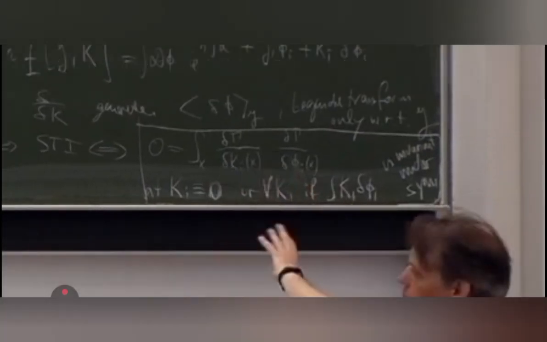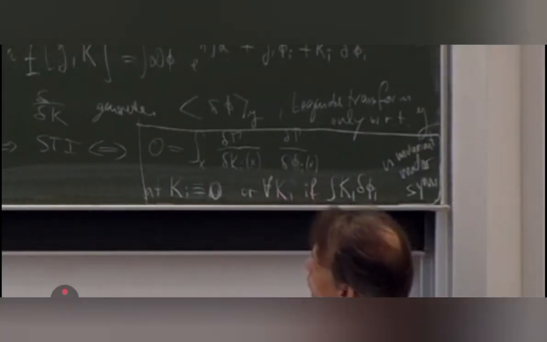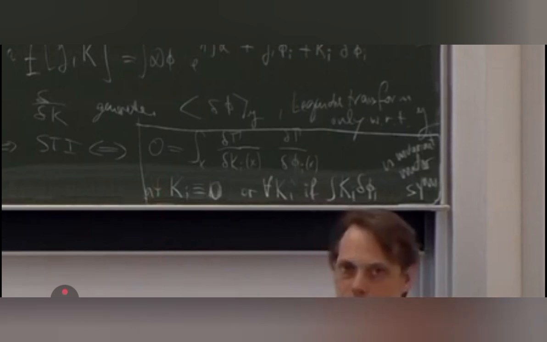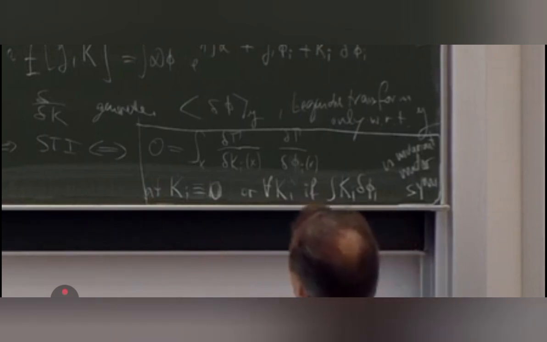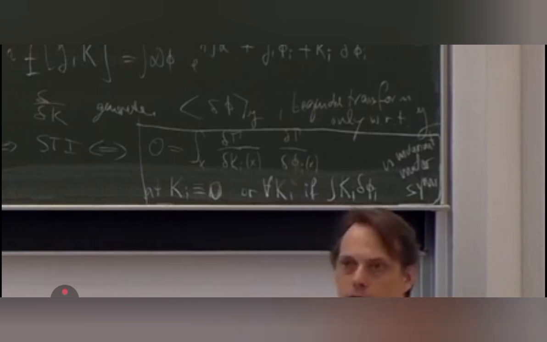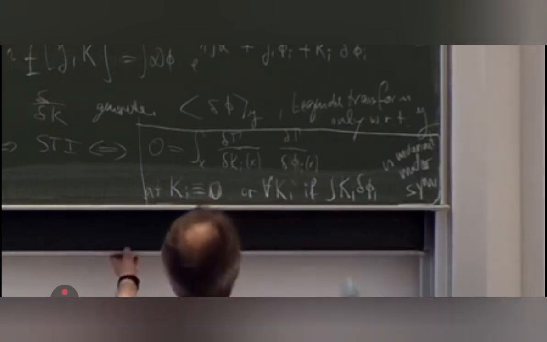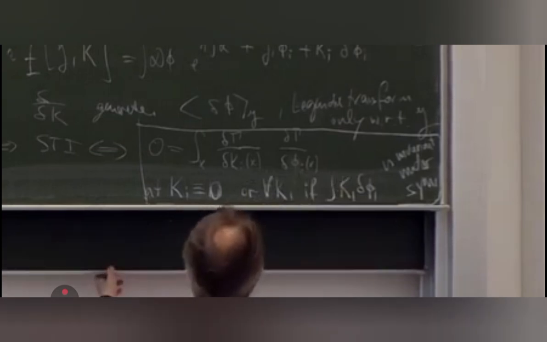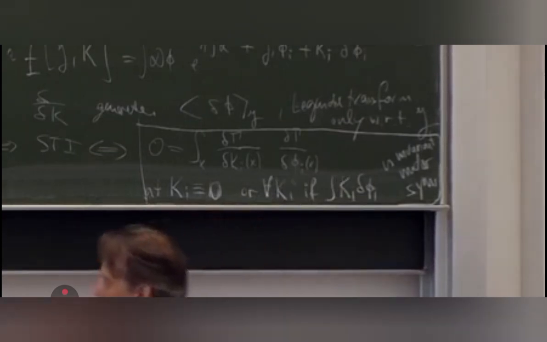I already mentioned it just now: the identities are general and depend just on symmetry transformations, but the most important application, historically in particular, was for the renormalizability of Yang-Mills theories, where we have local symmetry transformations, gauge invariances and BRS invariances.